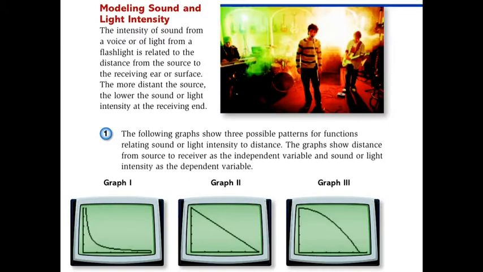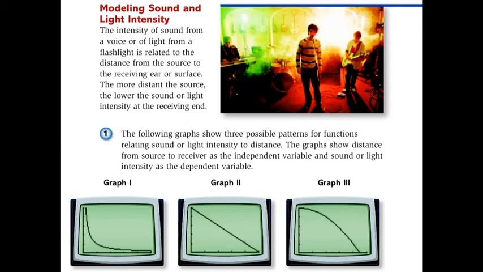This can be used in the real world to model certain functions. In this case, we're looking for the intensity of sound or light. Intensity, of course, is how strong something is. The intensity of sound from a voice, or like from these guys, from their band, or of a light from a flashlight is related to the distance from the source to the receiving ear or surface.